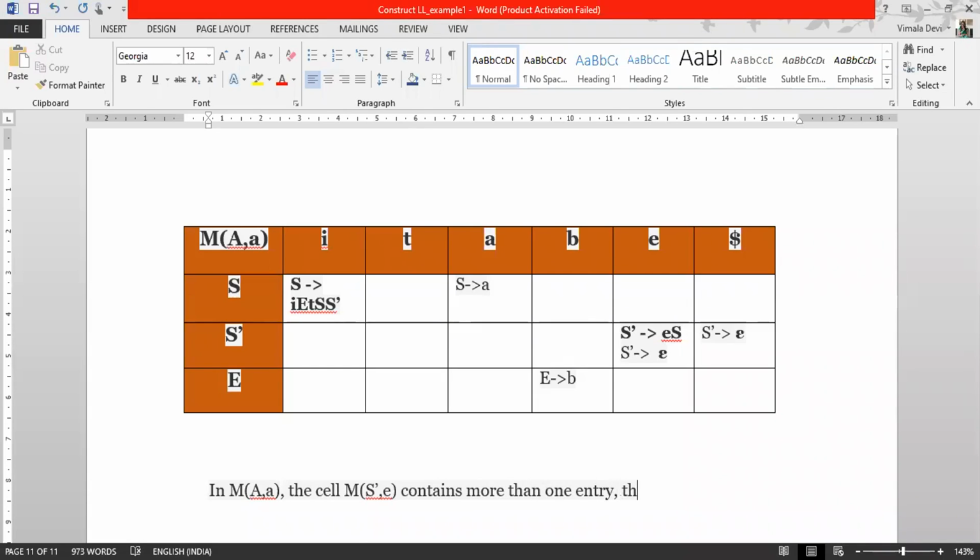Hence, the grammar is not suitable for LL1 parser. Or it is not LL1 parsable. This is a conclusion you have to write. Then only the answer is complete.